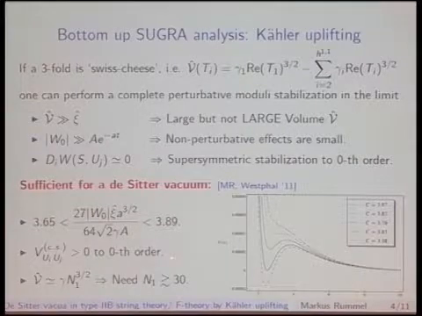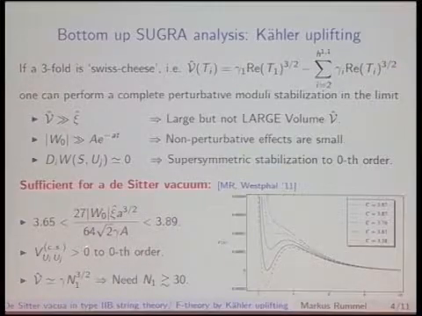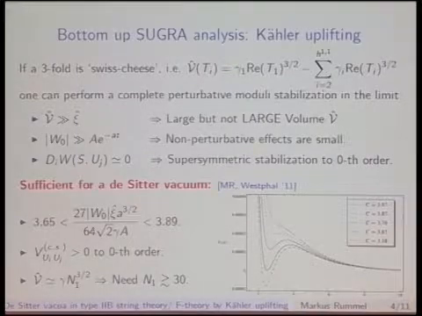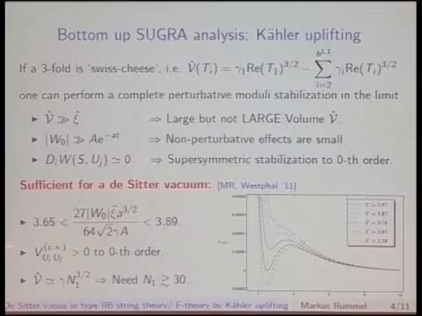This also has to be fulfilled, but in the scenarios where the volume is large, the potential of the complex structure moduli is positive semi-definite up to a correction of this xi over V. So this is generically fulfilled.